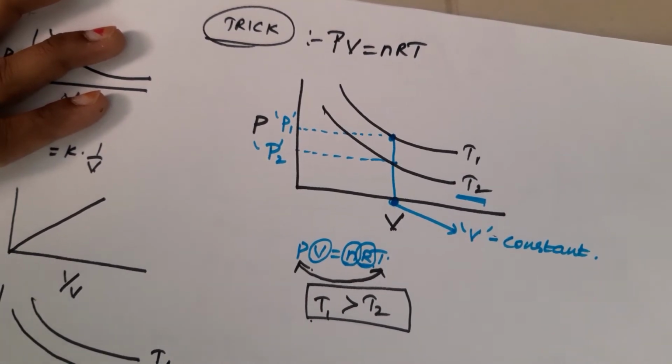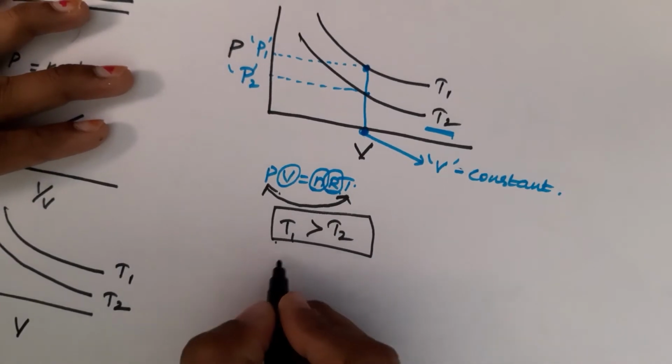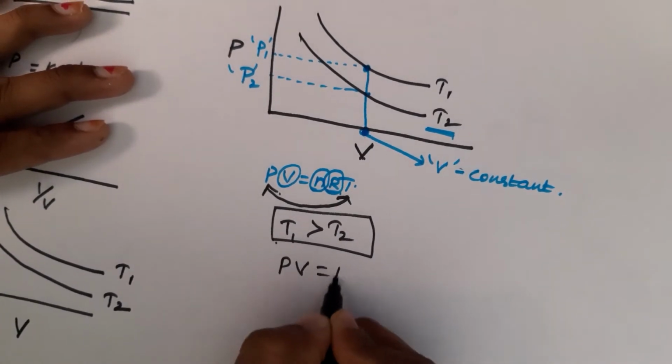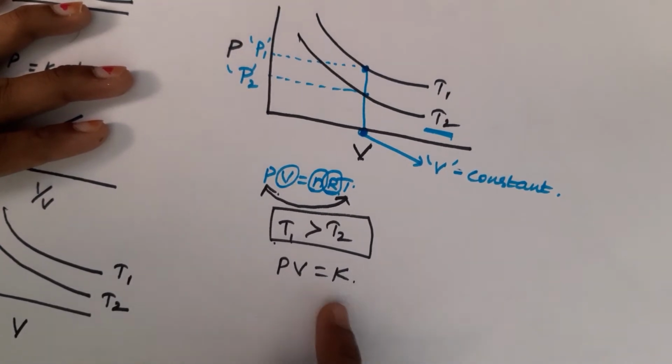Okay. Then what is the expression we got here, students, from Boyle's law? From Boyle's law we got PV is equal to K. I am taking this expression. Apply log on both sides.